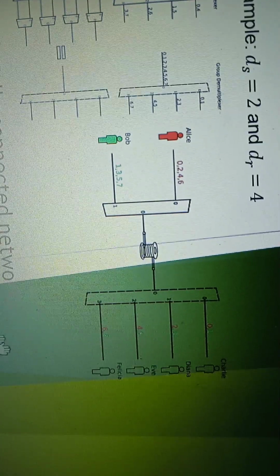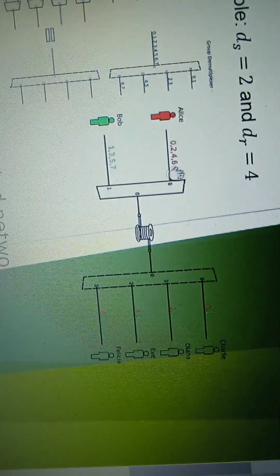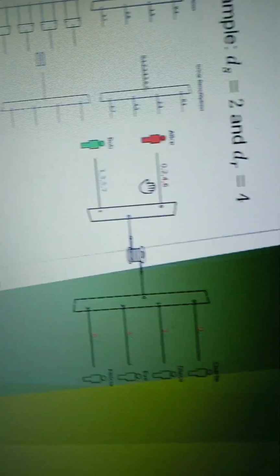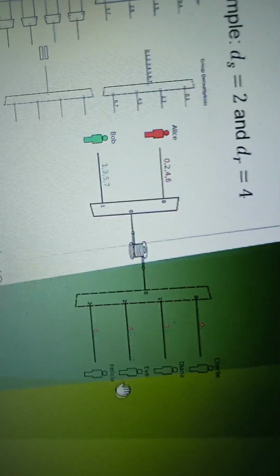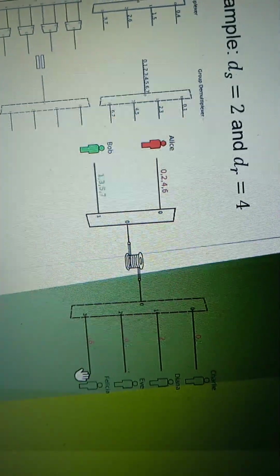Here Alice, if she wants to communicate with Charlie, has to prepare the state 0. If she wants to communicate with Diana, she has to prepare the state 2. If she wants to communicate with Eve, she has to prepare the state 4. And if she wants to communicate with Felicia, she has to prepare the state 6.